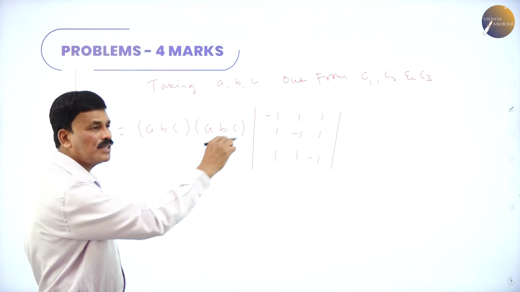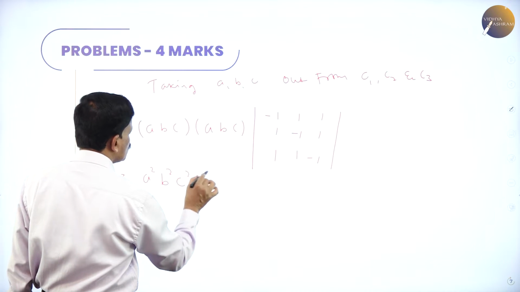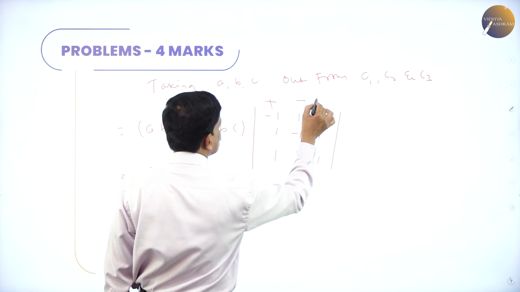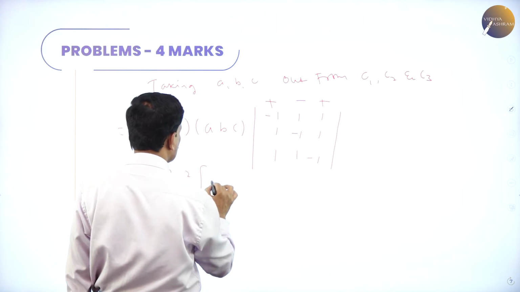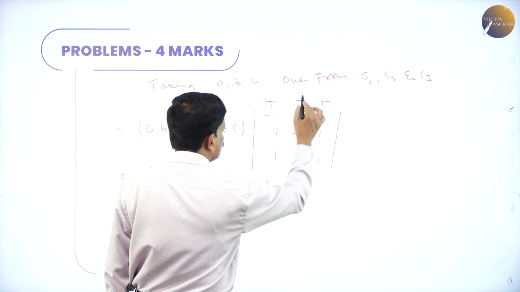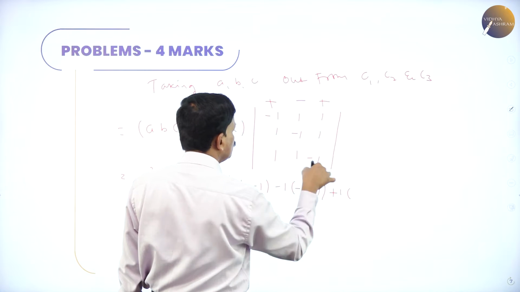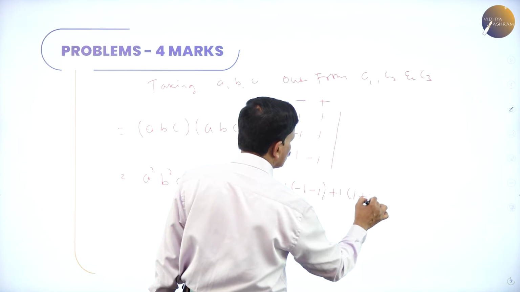Now let us simplify this. This is equal to a into a is a square, b square, c square. Expand this: plus, minus and plus. Minus 1 into 1 minus 1, minus 1 into this row and column is gone, minus 1, plus 1 into this is gone, 1 1s are 1, plus 1.